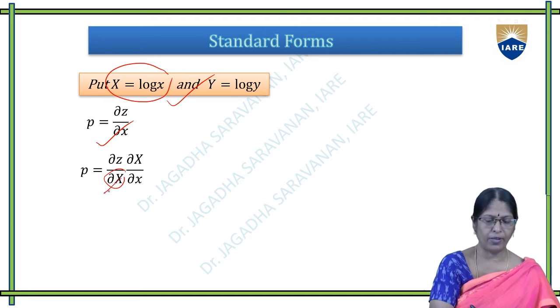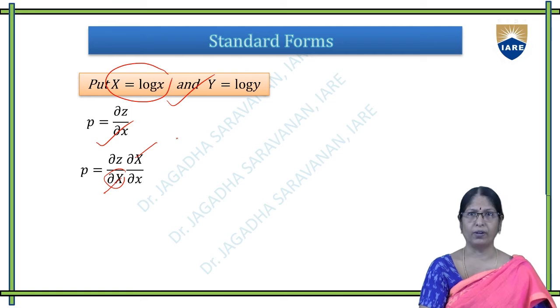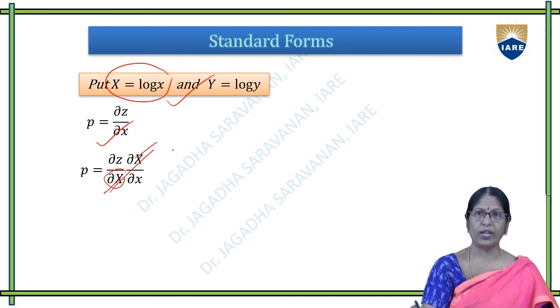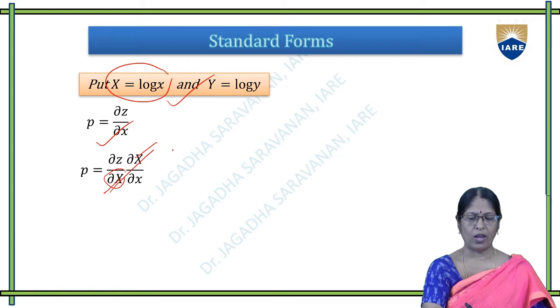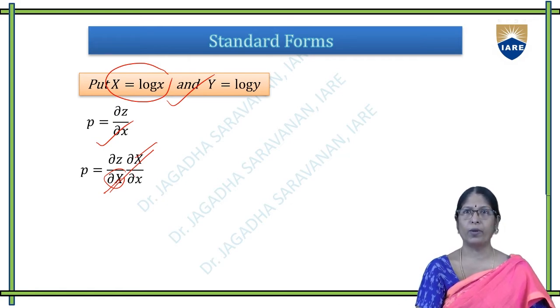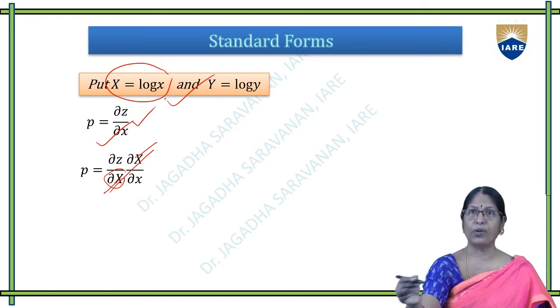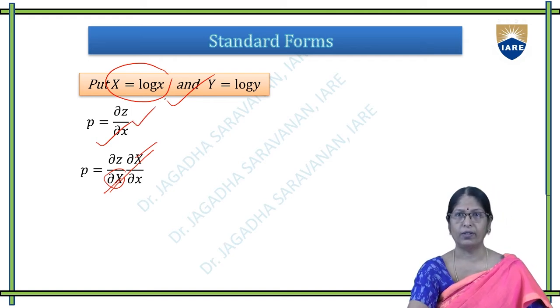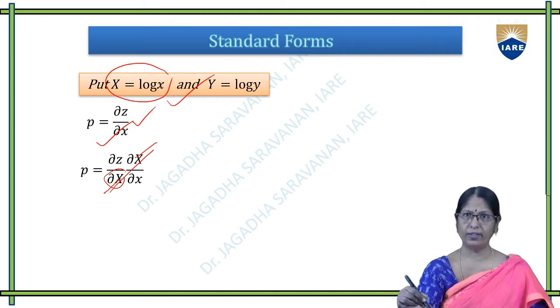Here capital X is in the denominator and capital X in the numerator; both cancel, and I have drawn a line. The remaining part is dou z by dou x, which we obtained in the previous step. That means we are moving in the correct path in solving the problem. If you are not getting this step, the entire problem will go in a wrong direction.